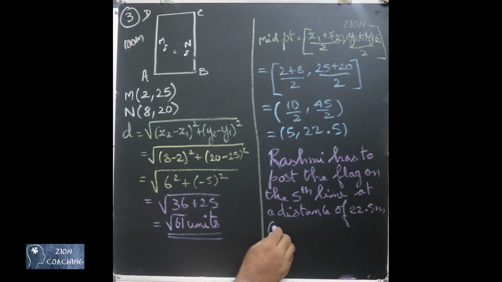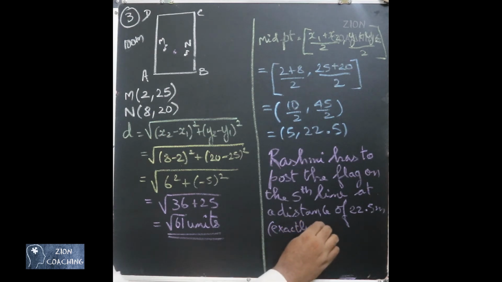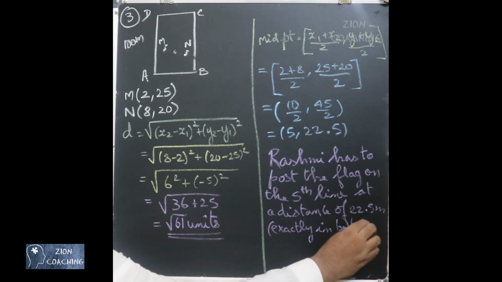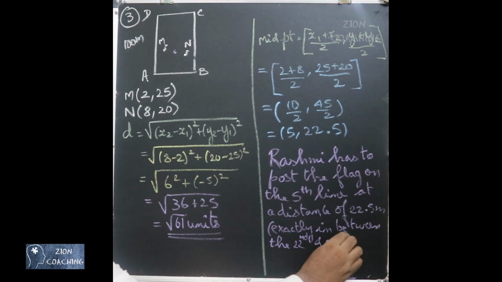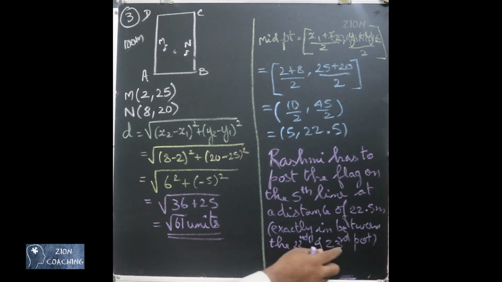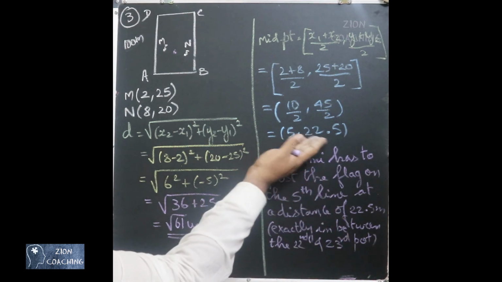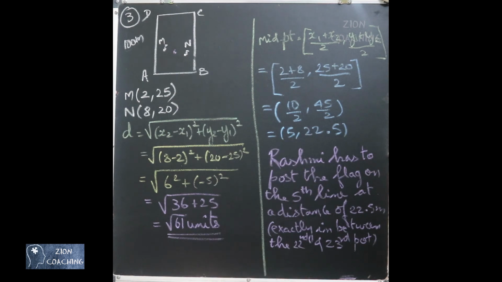That is exactly in between the 22nd and 23rd pot, because the 22nd pot will mean 22 meters, the 23rd pot will be 23 meters, so it is 22.5 meters. Exactly in between she has to put the flag.